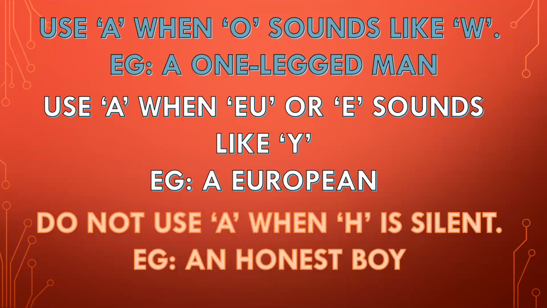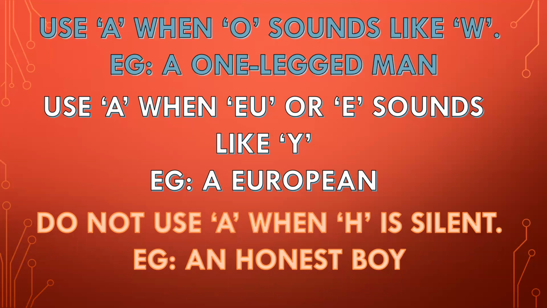Do not use A when H is silent. There are words like this. For example, an honest boy. The word is not honest because H is silent. The word is honest, so you can hear the sound aw.